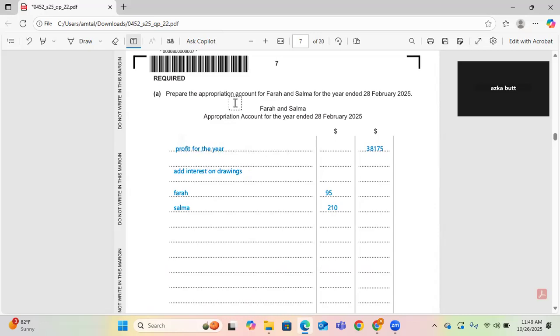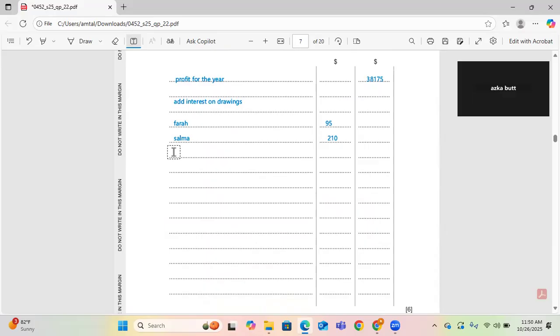Okay. Then we need to deduct the interest on capital. First of all, let's add it. That will be easier for us. 38,175 plus 95 plus 210. So this is equal to 38,480. Okay.